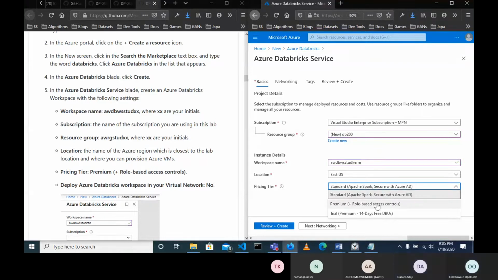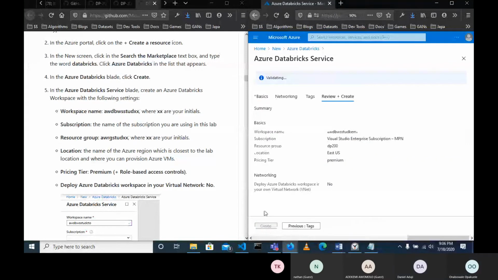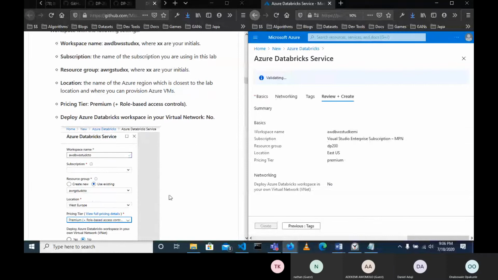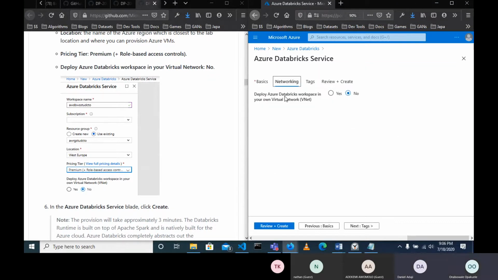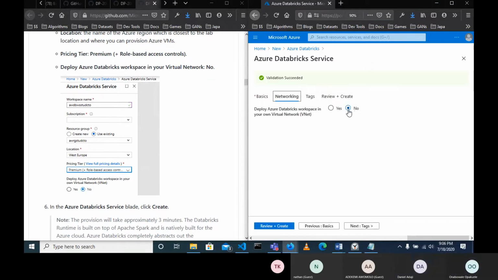License here. Wow. Well, we're not going to be doing much, so it's not going to chop my credit. Anyway, then deploy Azure Databricks. No. Okay, so we're not deploying the Databricks in our own virtual network, right?